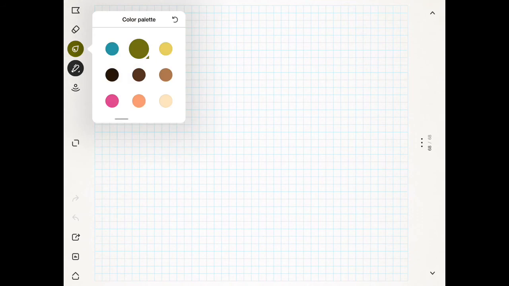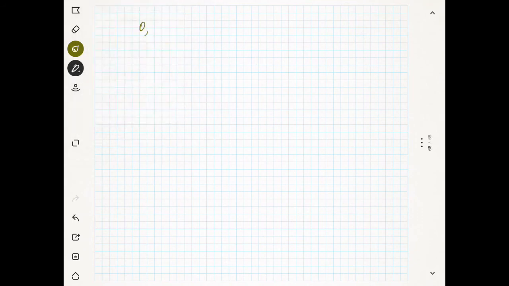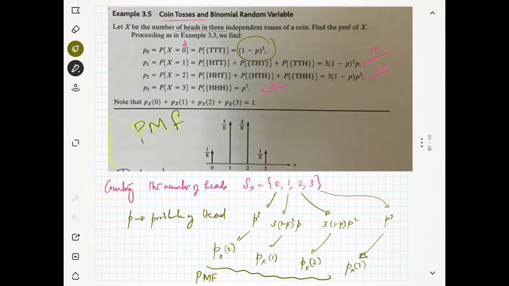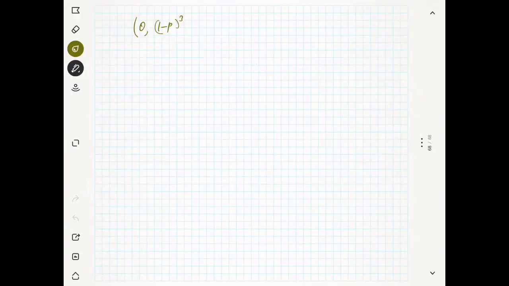Then for 0, what is my y axis? 0 heads means (1 minus p) the whole cube. So it is not p cube, it is (1 minus p) the whole cube. This is my first one.